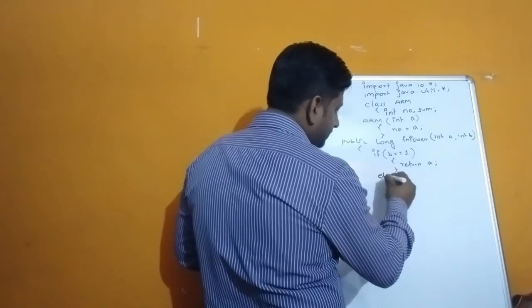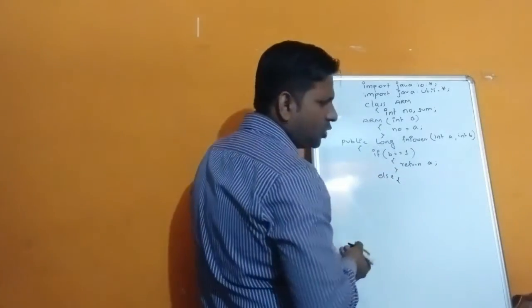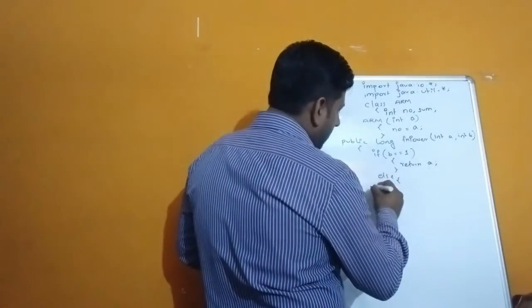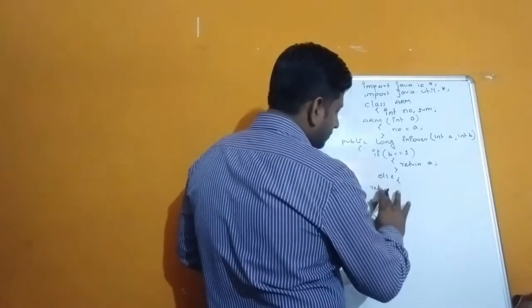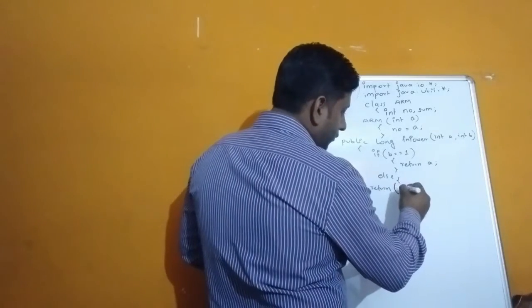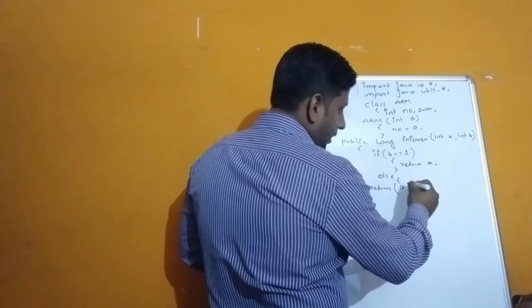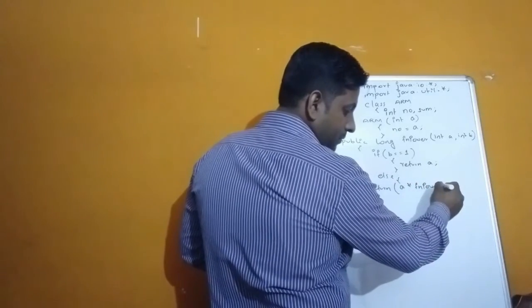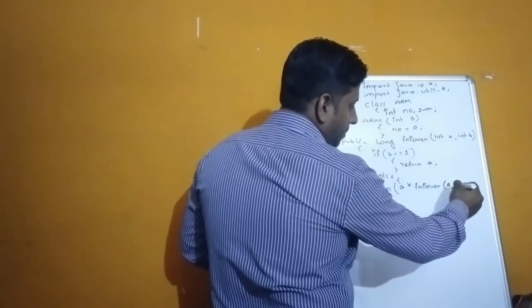Else, if b is not equal to 1, maybe higher numbers 2, 3, 4, then power will be there. So return a into function power a, b minus 1.